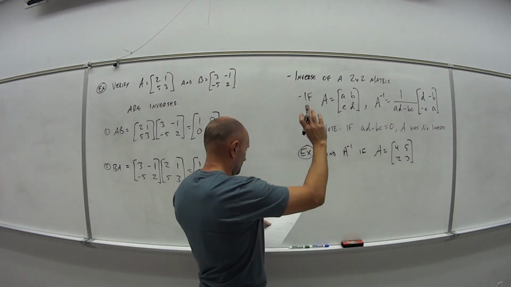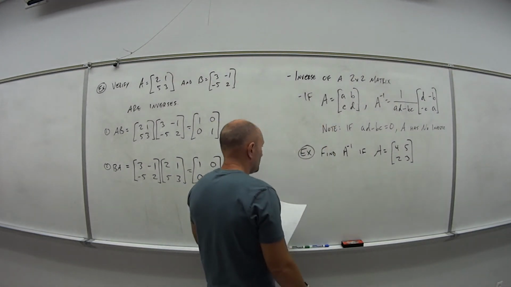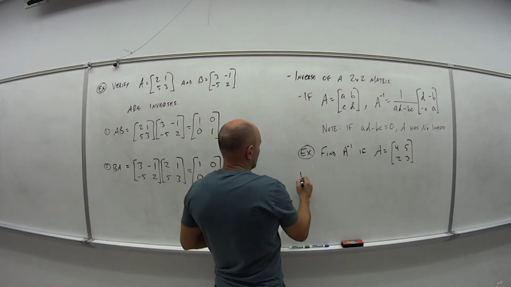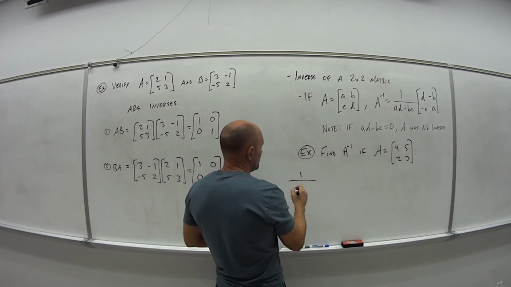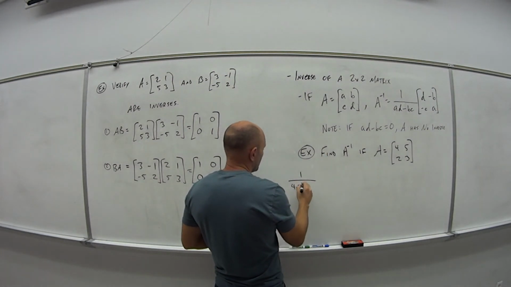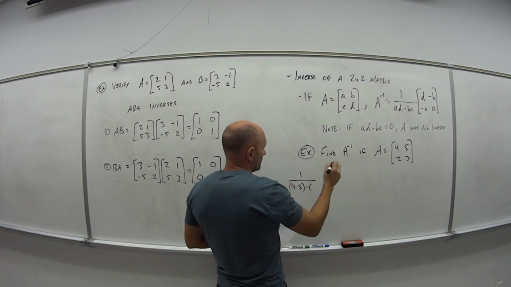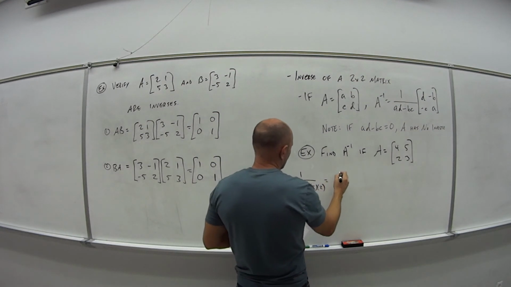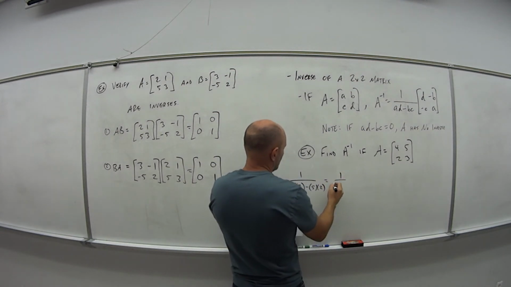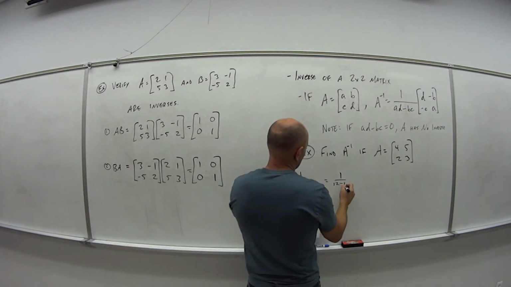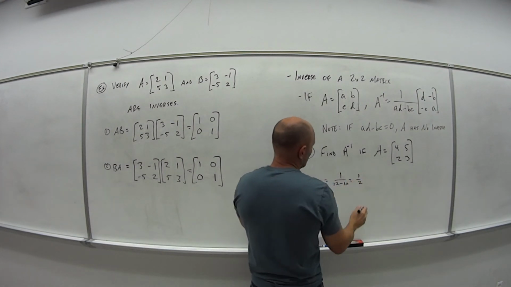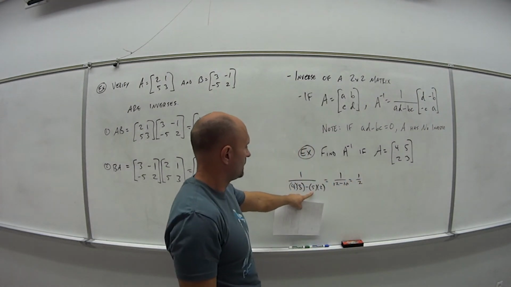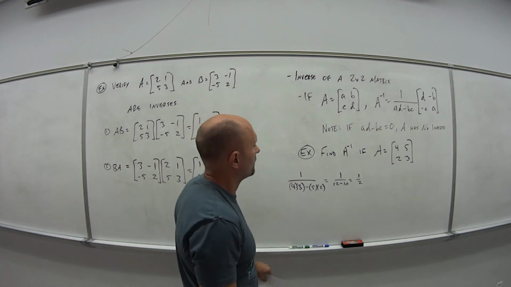First, I need to figure out the scalar. 1 over ad minus bc is 1 over 4 times 3 minus 5 times 2. 4 times 3 is 12, 5 times 2 is 10. So it's 1/2 that goes in front.